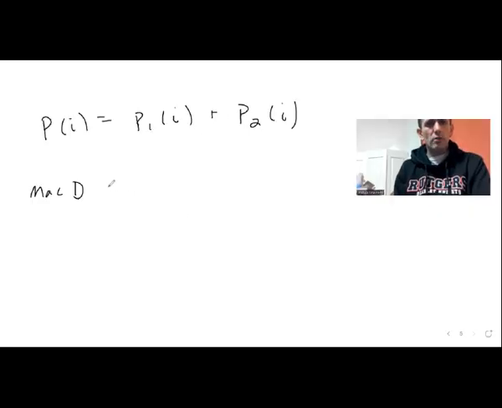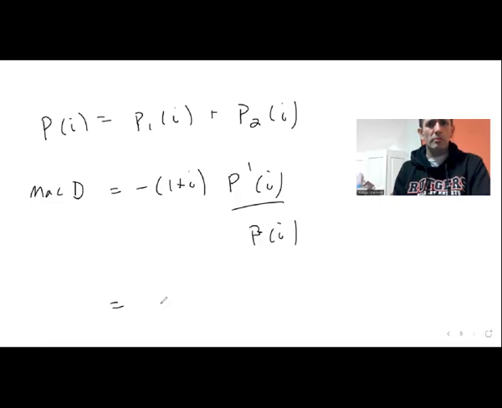This is just, by definition, 1 plus I times modified duration. So it's P prime over P. All right, so I just got to get what P prime is. I know what P is. It's just P1 plus P2.